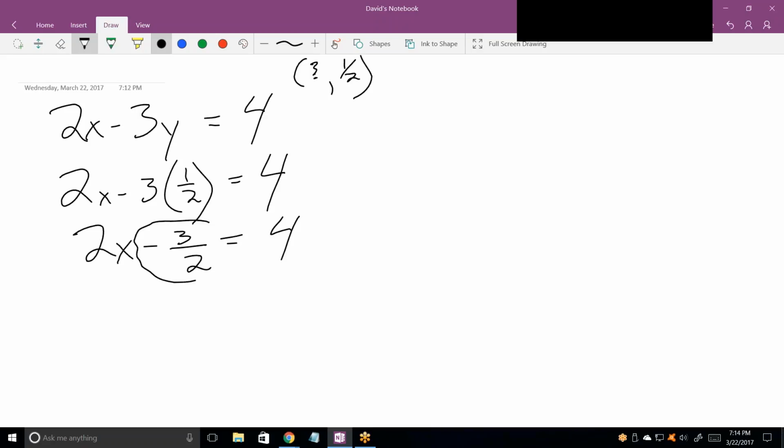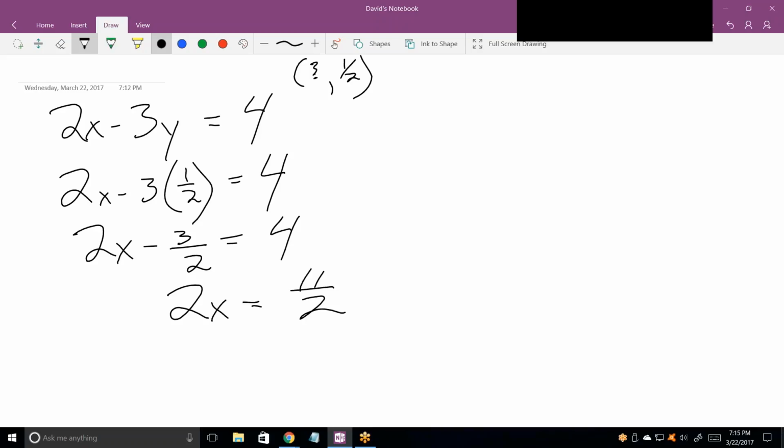Well, that stands out. Let's get rid of that. By getting rid of it, I mean moving it to the other side. What do I do? So do we add? Yes, because it is currently being subtracted.